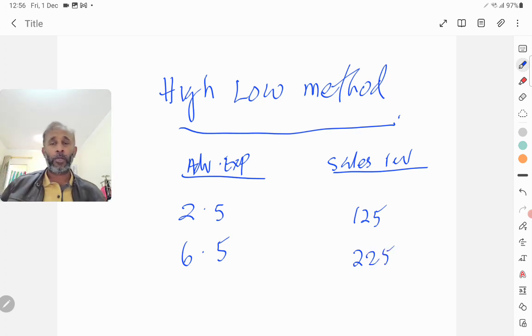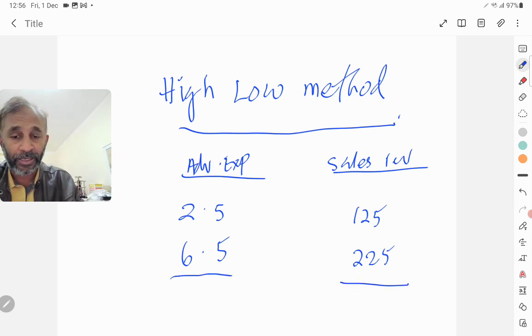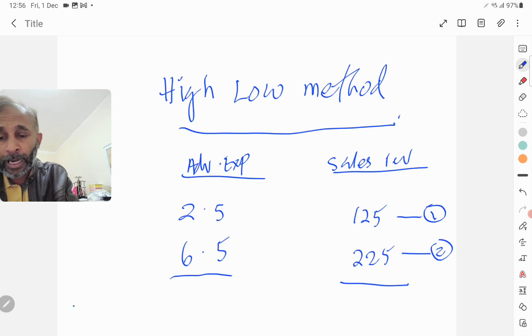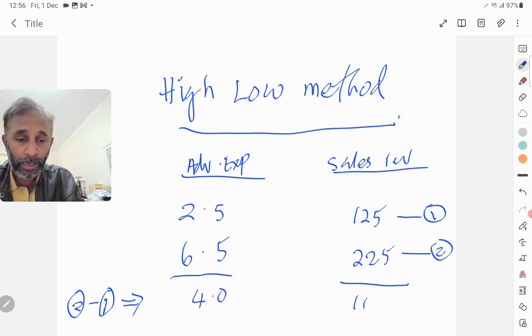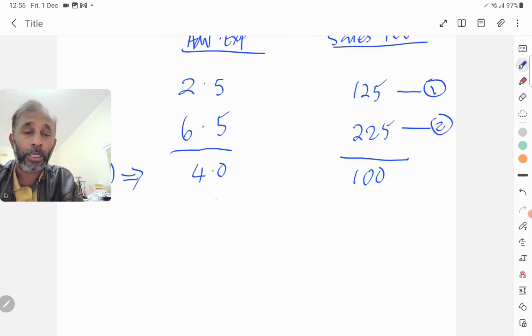Following the high-low method, what we really do is find the difference. If I number it, this is situation number 1 and this is situation number 2. I subtract situation number 1 from situation number 2. When I do that, my answer here is 4, and here my answer is 100. So for an increase of 4 units in advertising expenditure, sales revenue increases by 100.